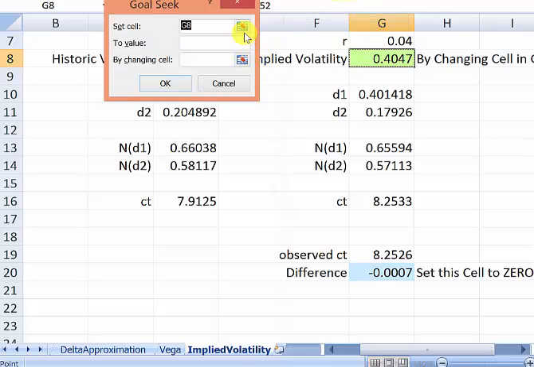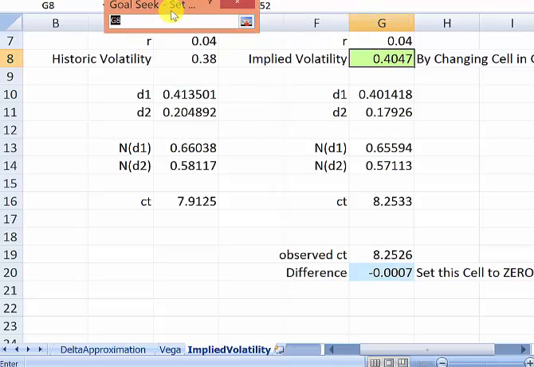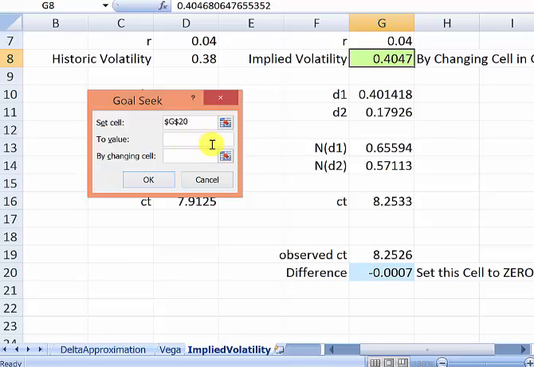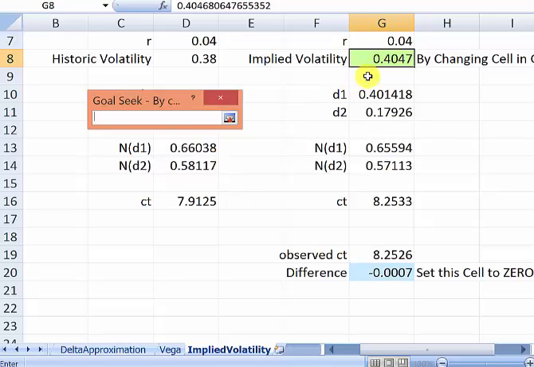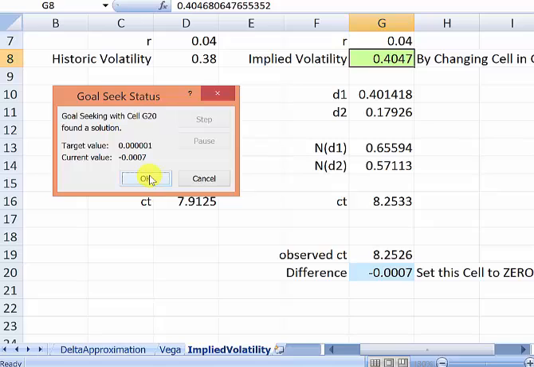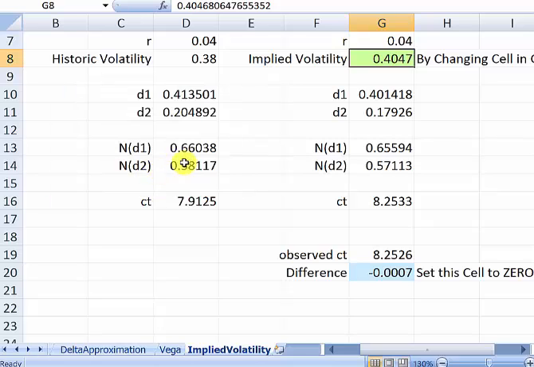Let's do it again. We are going to use Goal Seek here, change this difference to maybe a very small number, and by changing the cell here. Now, because the function itself is highly nonlinear, Excel may have trouble finding the good answer.